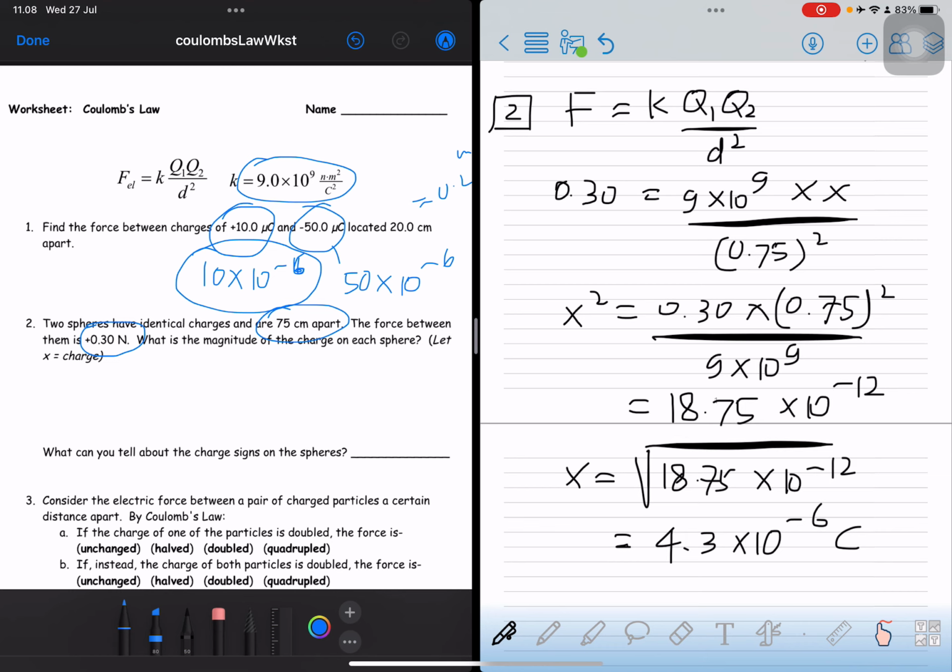So it's the same as 4.3 microcoulomb. That's it.